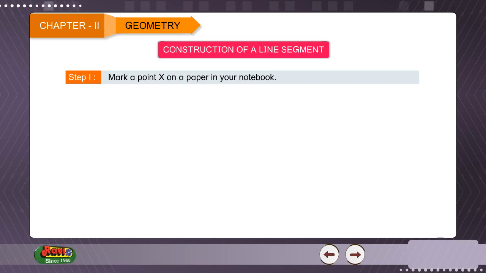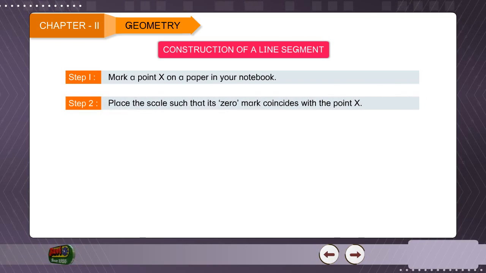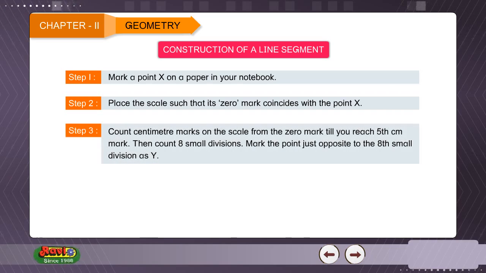Step 1. Mark a point X on a paper in your notebook. Step 2. Place the scale such that its 0 mark coincides with the point X. Step 3. Count centimeter marks on the scale from the 0 mark till you reach the 5th centimeter mark. Then count 8 small divisions.